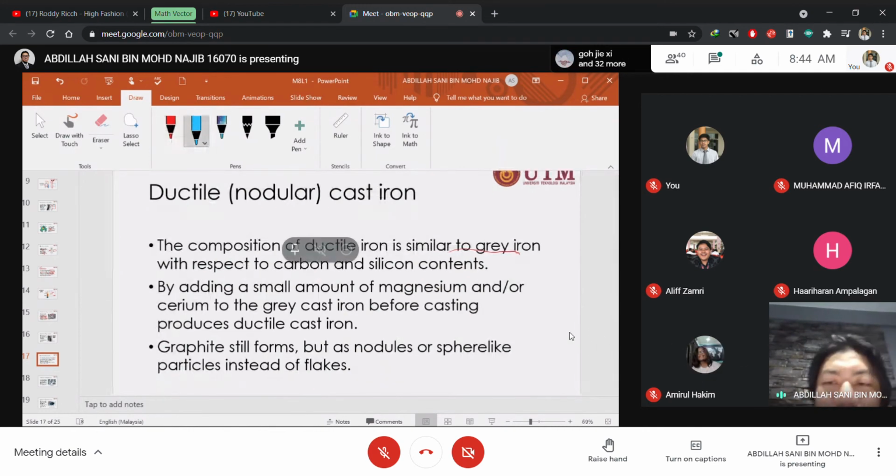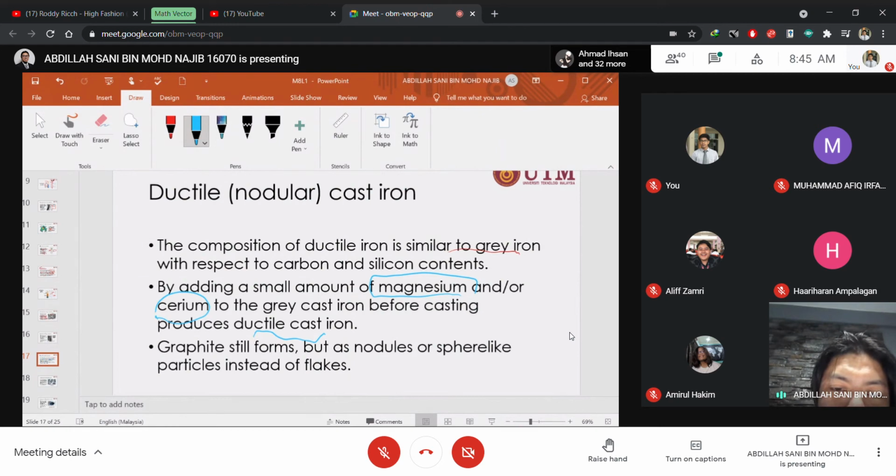So this is the point. By adding a small amount of magnesium and or cerium to grey cast iron before casting produces ductile cast iron.